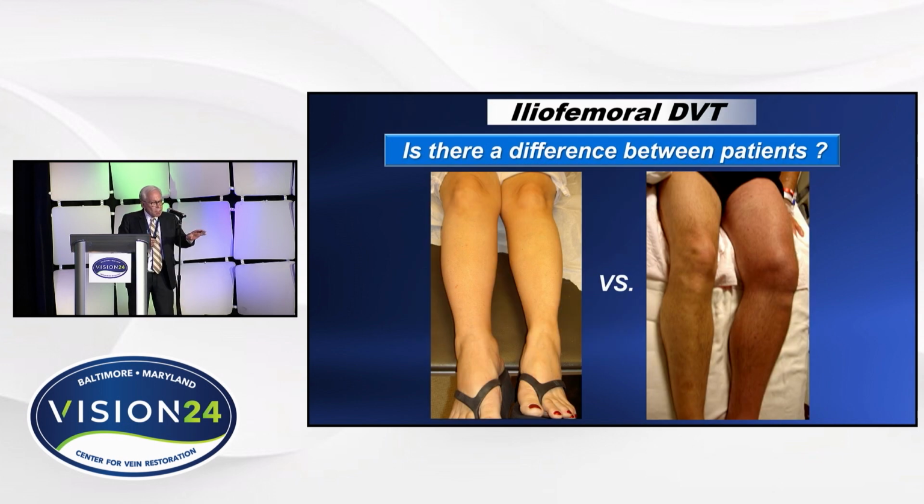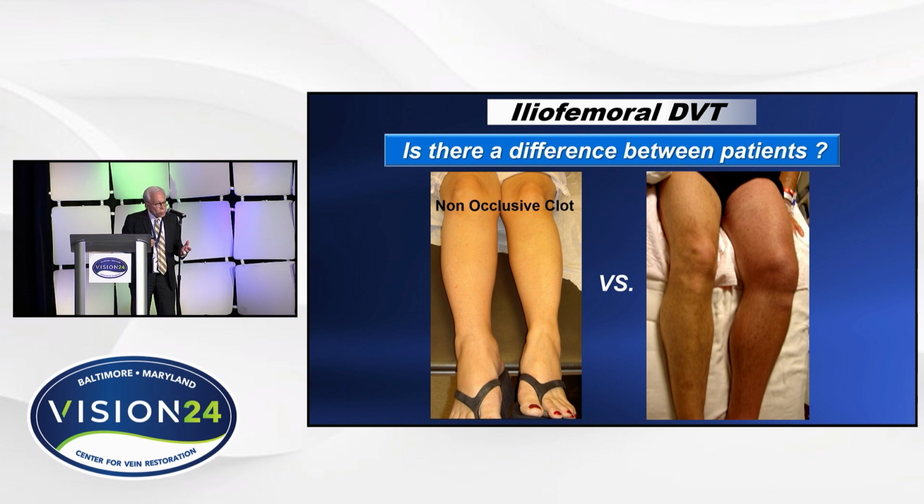And as an example, you can see the patient's legs on your right. She has a non-occlusive thrombus in the common femoral, not a large volume thrombus, and she was randomized to anticoagulation and did very well.